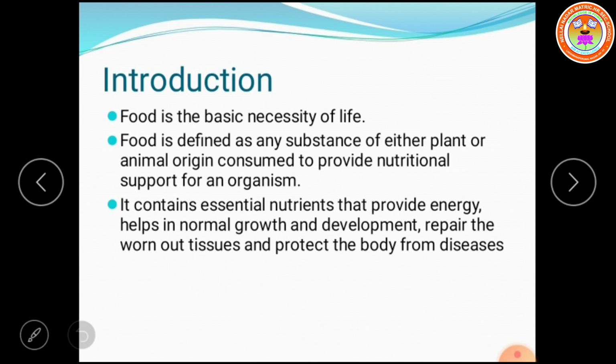Food contains essential nutrients that provide energy to our body, help in normal growth and development, repair worn out or damaged tissues, and protect the body from various diseases.